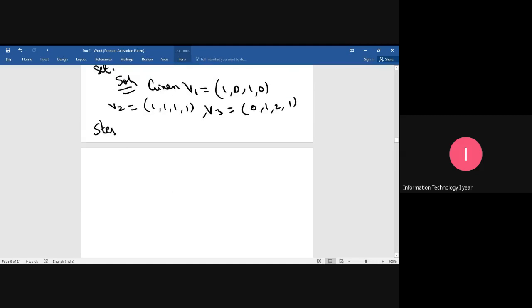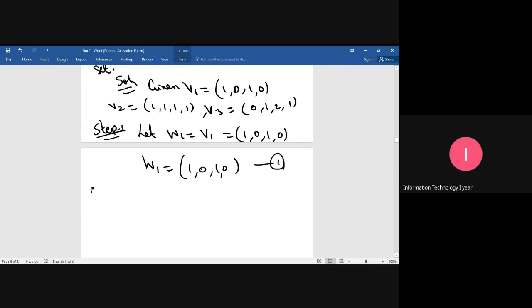Okay, so now, step 1: let W1 be equal to V1, the first vector. It is 1, 0, 1, 0. So W1 is equal to 1, 0, 1, 0. Step 2: find out the W2.